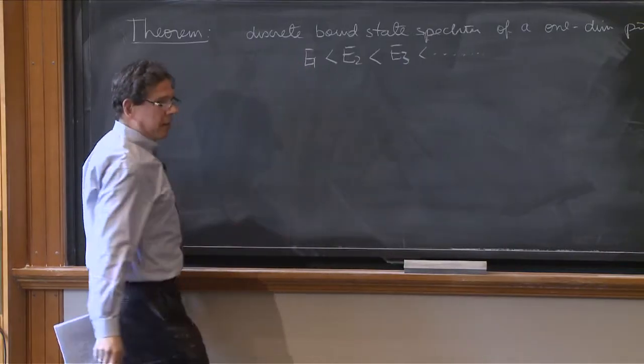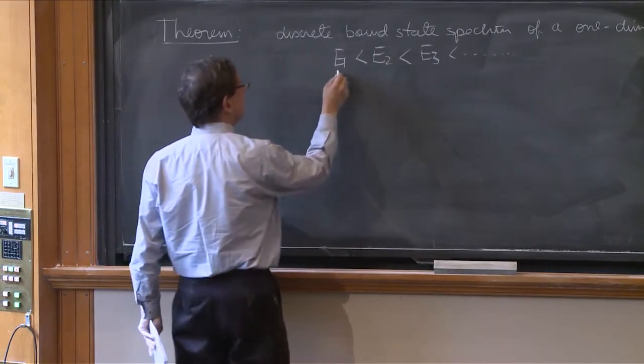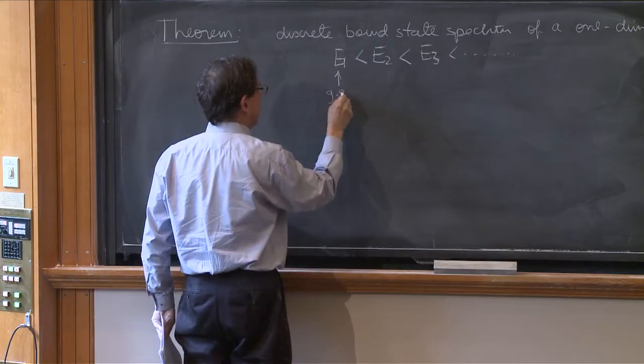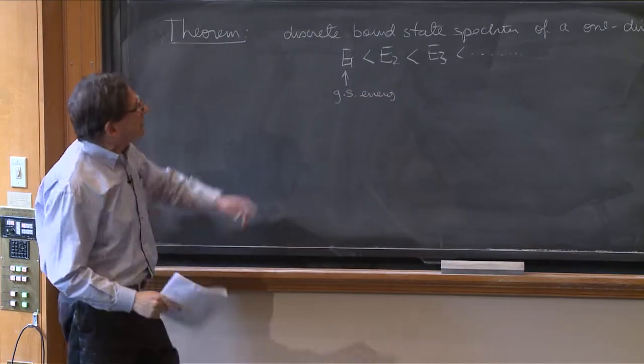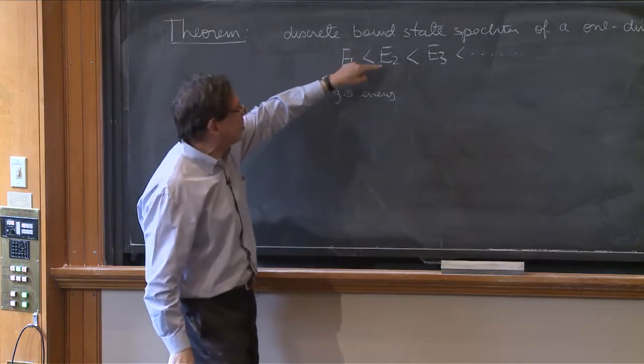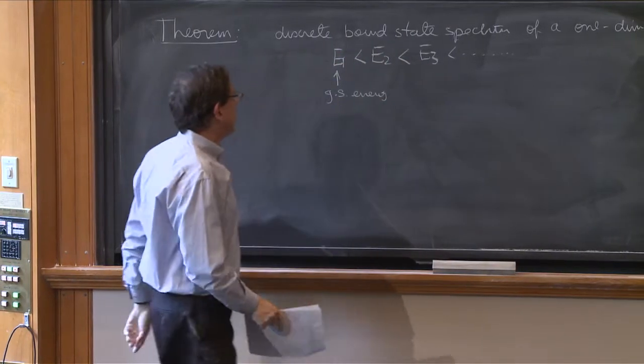E1 is the ground state energy. Remember, this spectrum is discrete, so this is less than E2, less than E3, and it goes on like that.